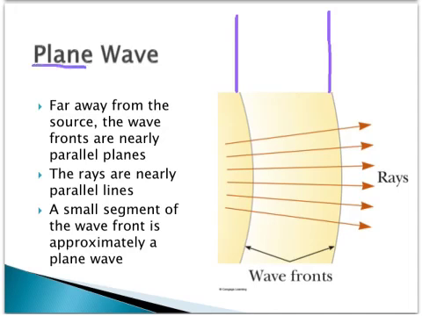Think of a piece of paper that would be represented as a plane, like the X, Y, Z plane. Basically just parallel lines, and the rays are seen as parallel lines perpendicular to these wavefronts. So these wavefronts are seen as plane waves. They're all moving parallel to each other.